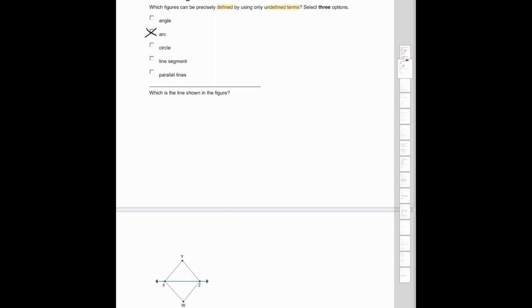We are being asked which figure can be decisively defined using only undefined terms. Well, we learned that an angle actually uses a definable term in its definition. Let us remember that an angle was defined as 2 rays which share a common endpoint.